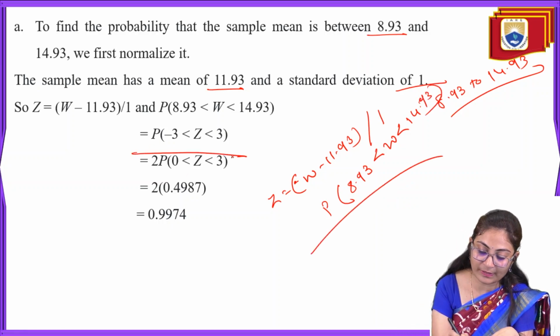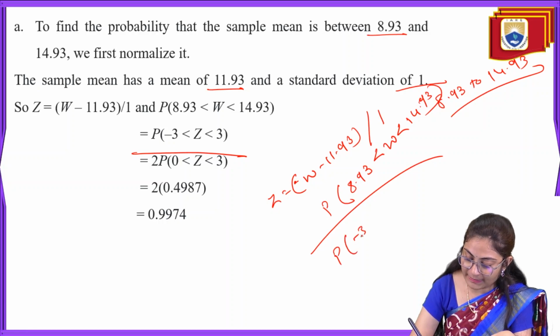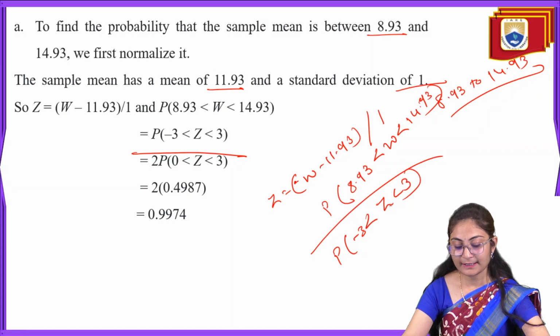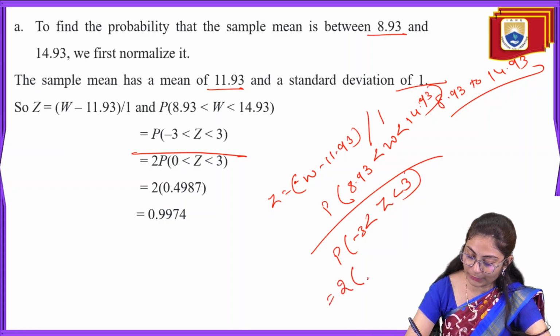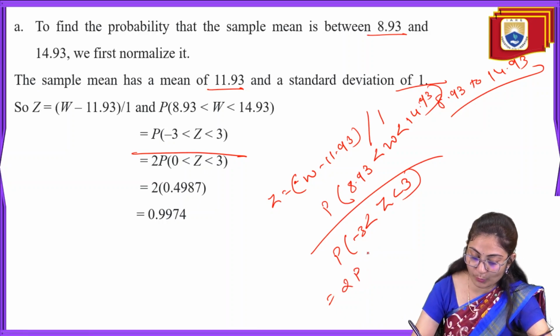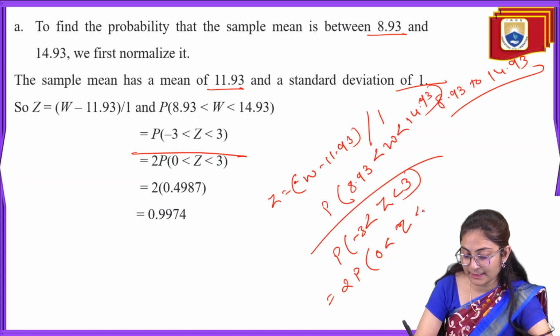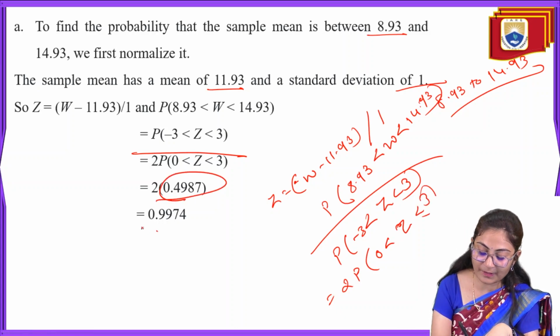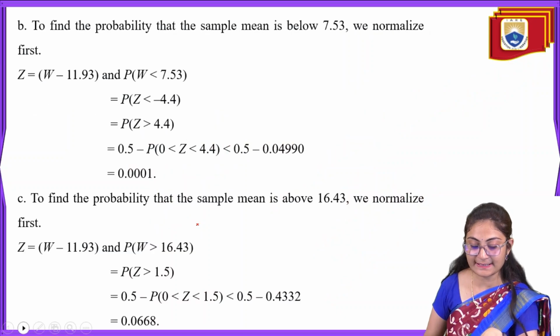By solving, P of minus 3 less than z less than 3, which is 2 into P of 0 less than z less than 3. This value is 0.4987. So after solving, you will get 0.9974.